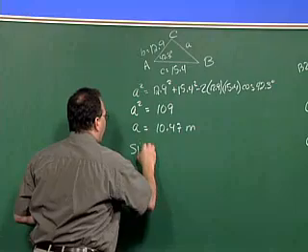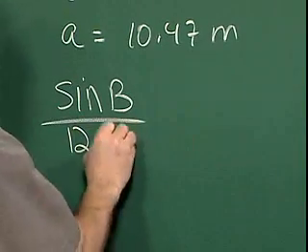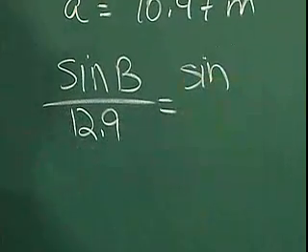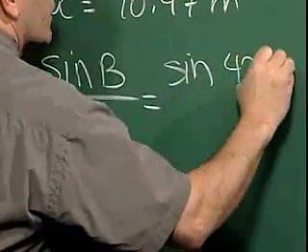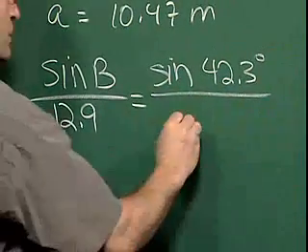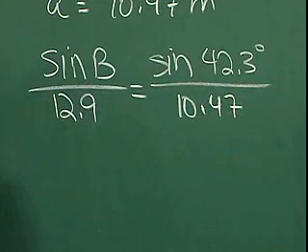Sine of angle B divided by the side B, 12.9, equals the sine of angle A, 42.3, divided by side A, which we just calculated as 10.47.